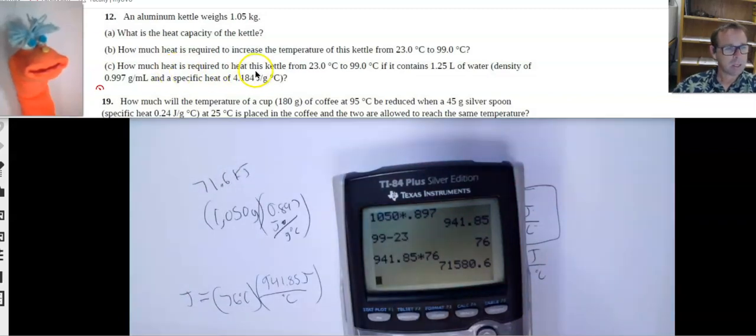How much heat is required to heat this kettle from 23 to 99 if it contains that much water? With the density of that and the specific heat of that. So now we're going to be heating not just the kettle, but we're going to also be heating the water. So we have two things that we need to take into account.